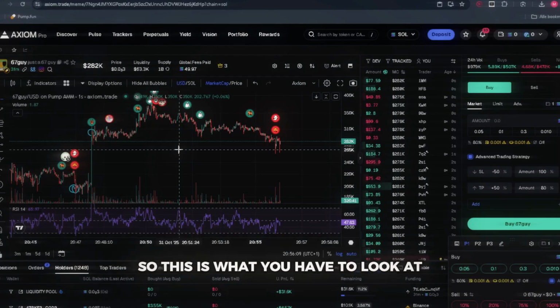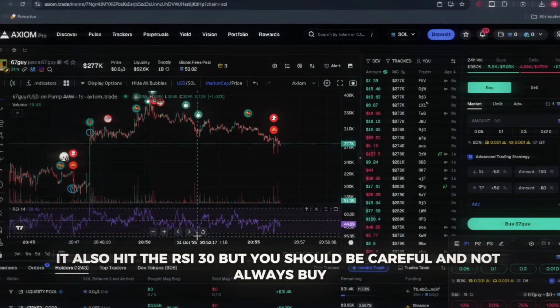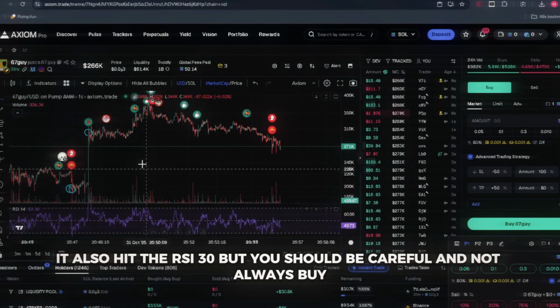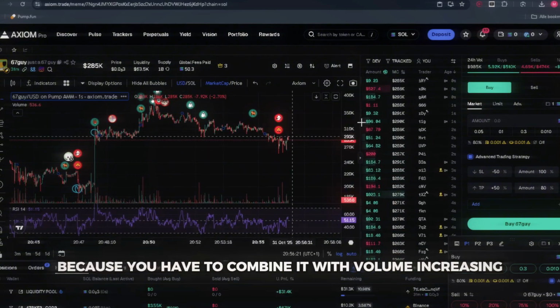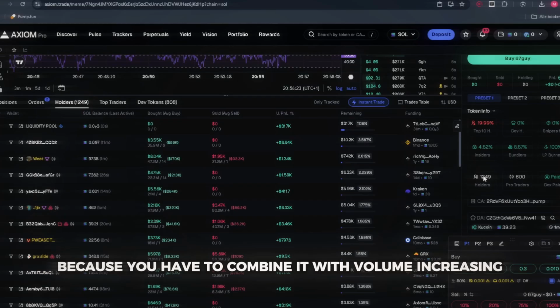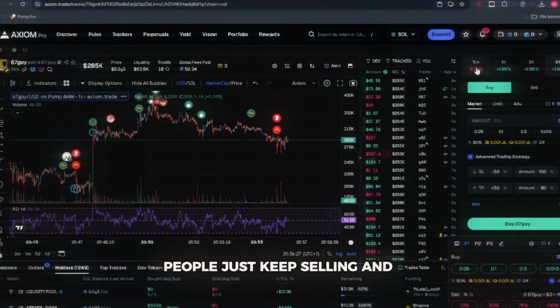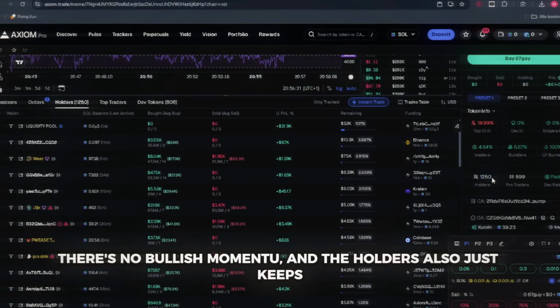So this is what you have to look at. I can't make it any easier. Here, for example, it also hit the RSI factor 30, but you should be careful and not always aim for when the price is at RSI factor 30, because you have to combine it with volume increasing or the holders increasing. If there's no volume increase, people just keep selling and there's no bullish momentum.